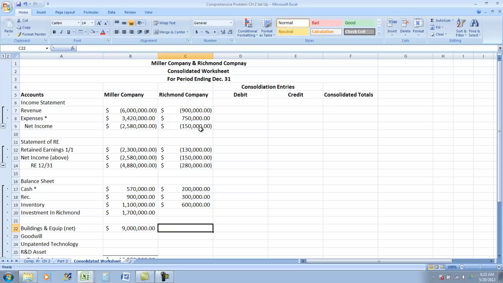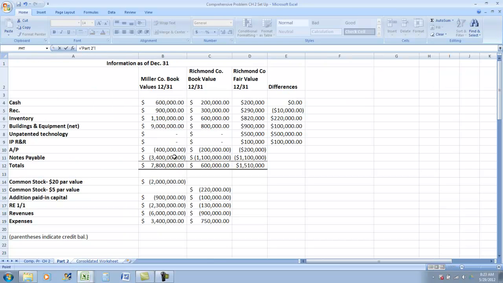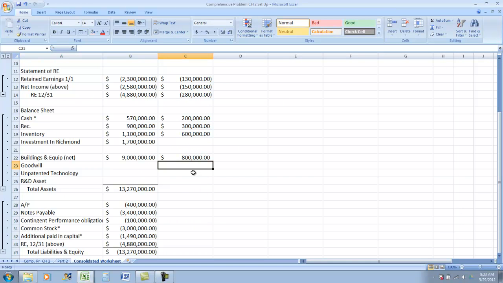They don't have any investment in Richmond with themselves. Book value on equipment. These goodwill, unpatented technologies, and R&D asset or in process. So we'll add these up.